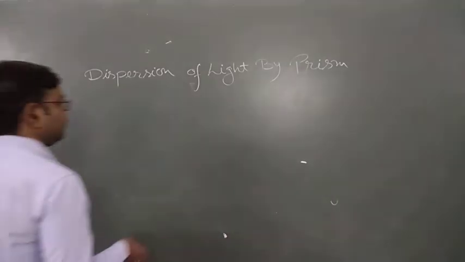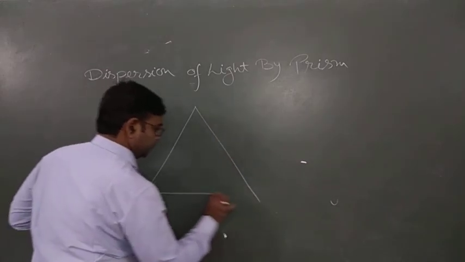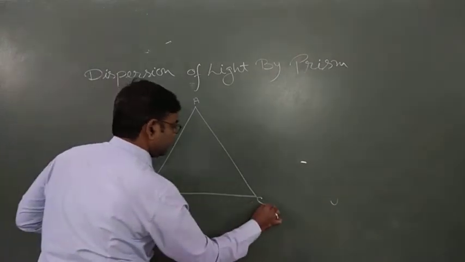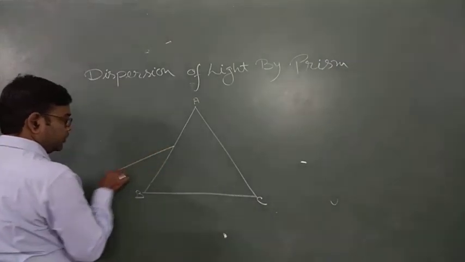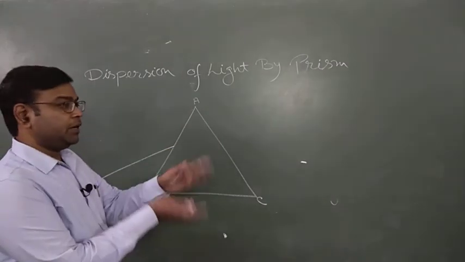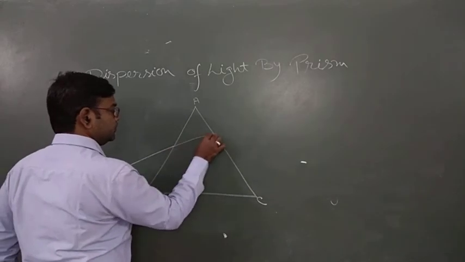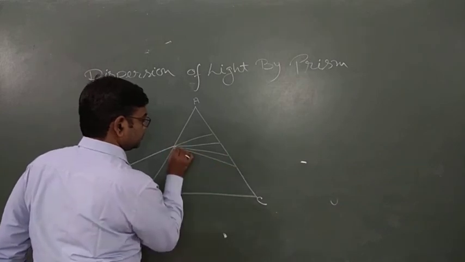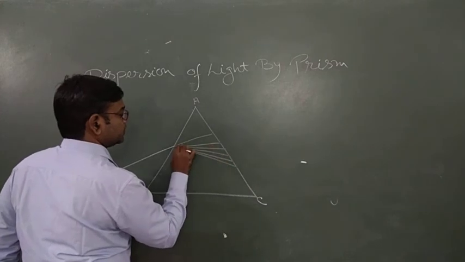Actually, when a white light ray emitting from a point source falls on the first refracting face of the prism, clear? First refracting face of prism, this white ray splits itself into 7 different colors, likewise: 1 2 3 4 5 6, this one 7.